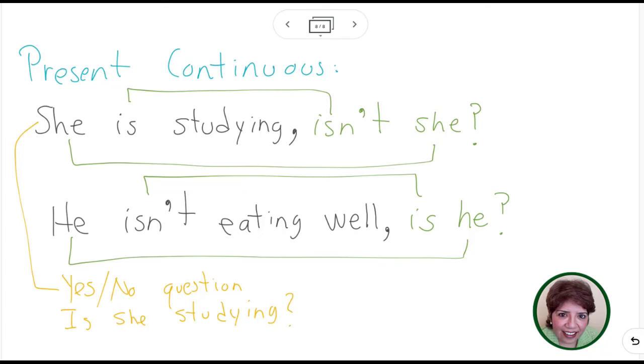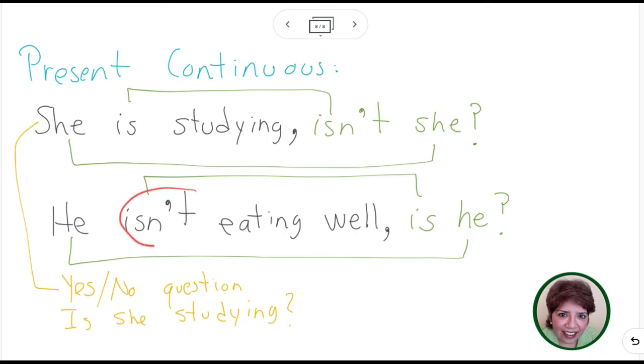This is our yes/no question. But in this case, we are going to write the tag, the mini yes/no question, and it has to begin with the verb to be. But we have the verb to be in a positive form, then the tag question has to be in a negative form, plus the pronoun.